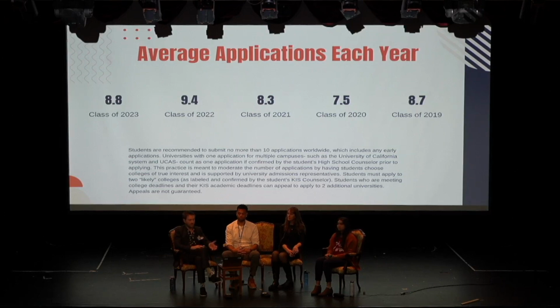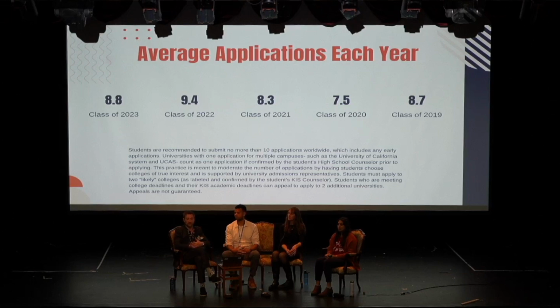So we have a limit of 10 applications at KIS, and for students who are meeting their deadlines, showing that they're on top of their applications and their schoolwork, we allow appeals for 2 additional applications. That does include universities where they have multiple campuses.